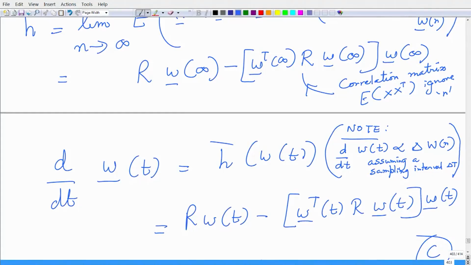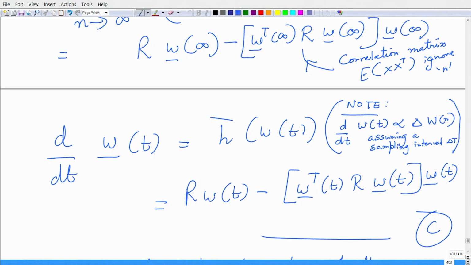My d by dt of W of t is proportional to the difference vector delta W of n, right. The difference vector delta W of n is W n minus W n minus 1, and this difference operation in discrete time is linked to the continuous case d by dt, the derivative, assuming the sampling interval, right. So, that is a small detail, but an important detail.